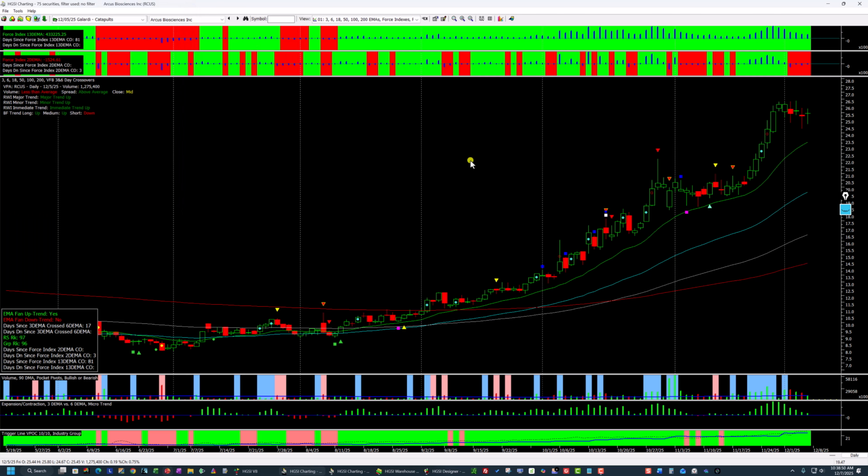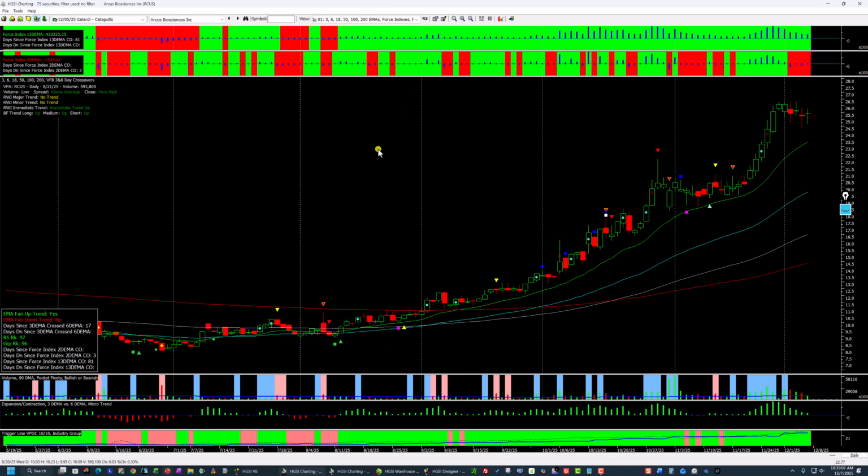Now there are other force indexes available in the program, but this SmartGroup is based upon these two, and it's price and volume based, just like VPA is. So that's what makes it work well with VPA.